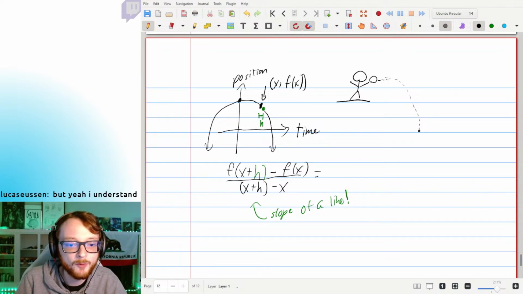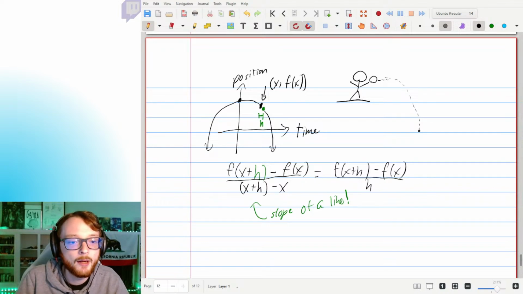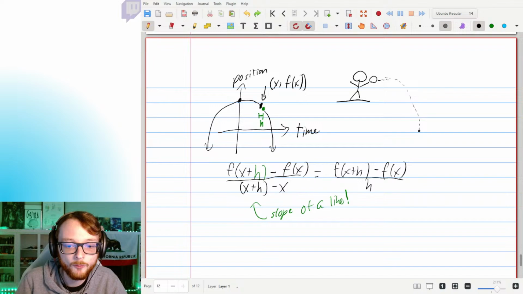And we can simplify the bottom a little bit. And what I was saying before about the closer this green point is to the original point, the better. Calculus gives us a way to express that in math terms, which is using limits.